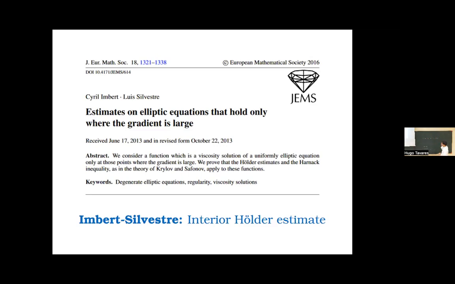And this equation says the following: you are going to satisfy an elliptic equation if your gradient is larger than 1. Otherwise, your gradient is smaller or equal than 1. But here is the key point: you are in an elliptic regime if the gradient is large.